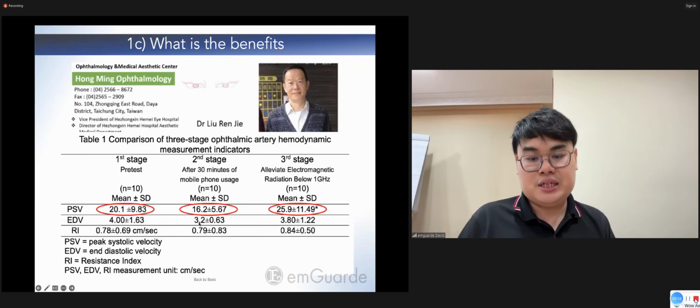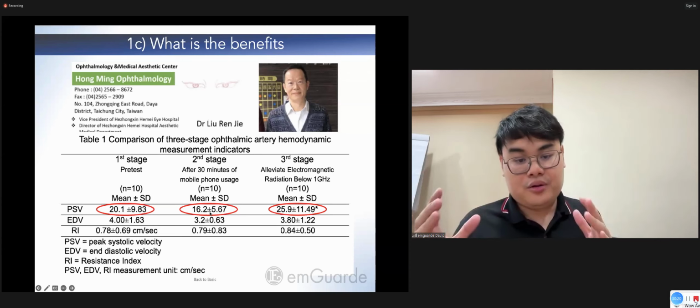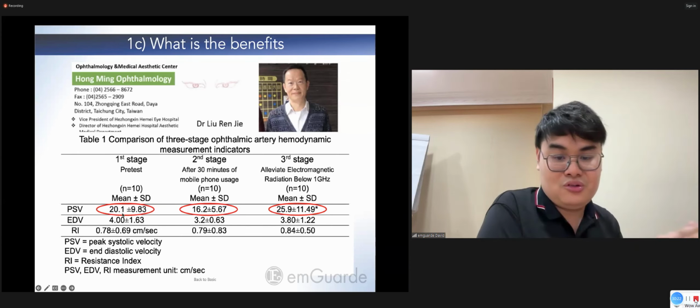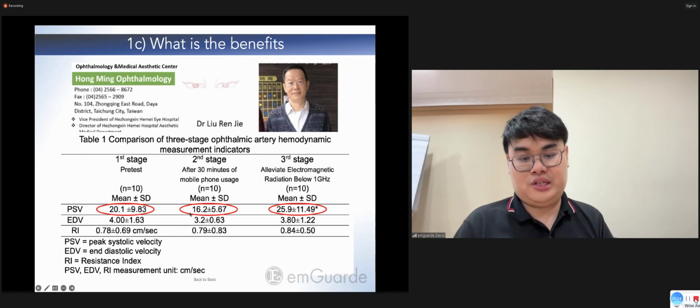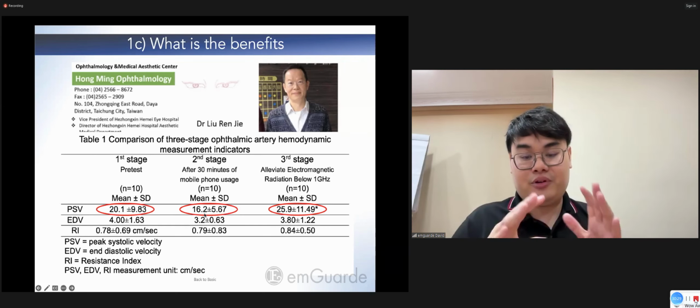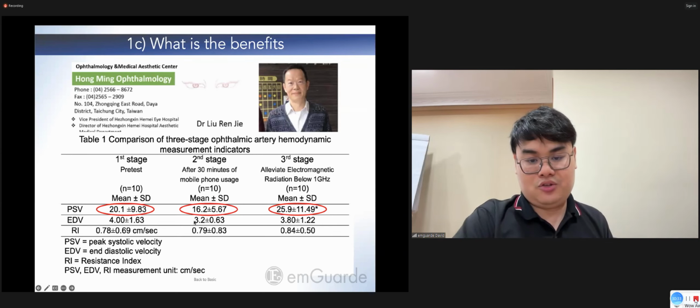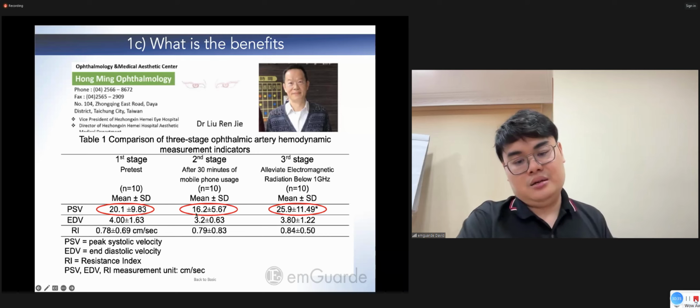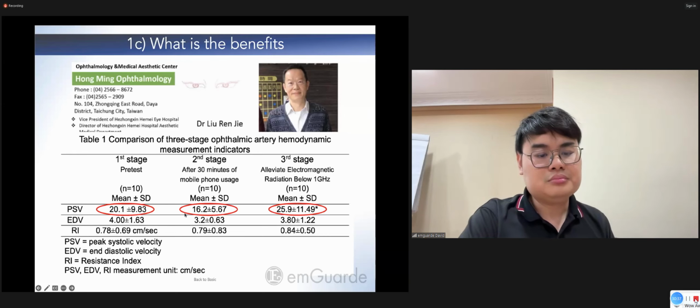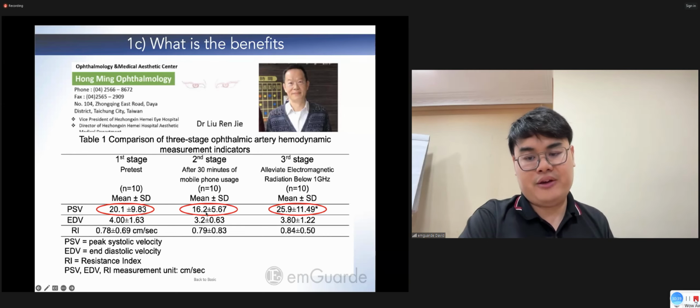If you notice, it dropped from 20.1 to 16.2. Did you notice that? So the microcirculation speed of the 10 subjects dropped from this figure. This is approximately a 30% drop. About 30%.